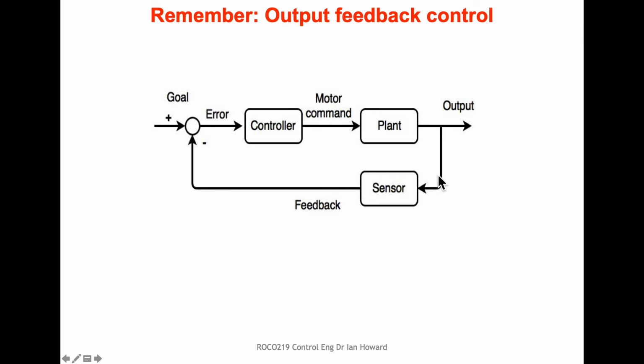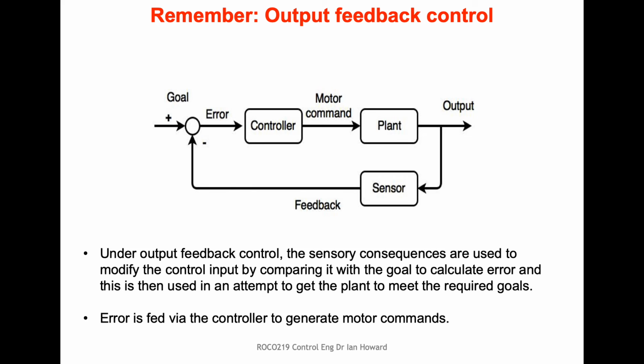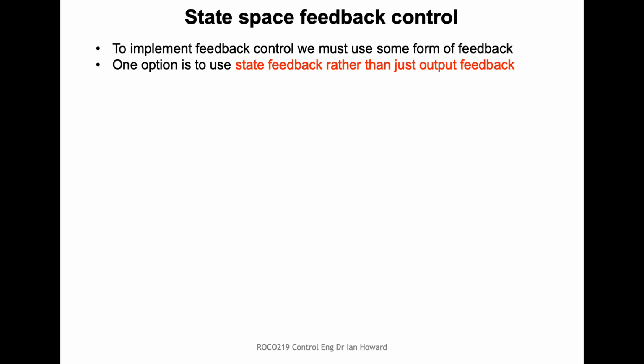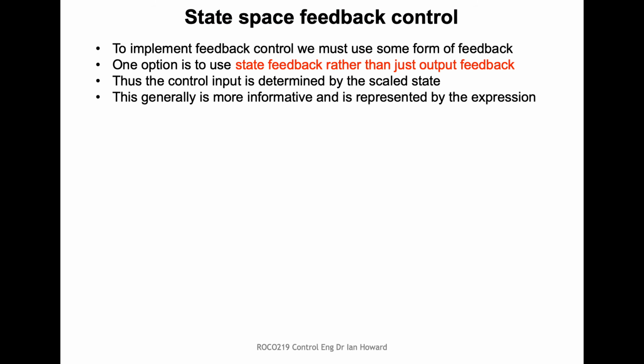We just look at the output, feed it back to the input and generate an error signal, and on the basis of that we can have this closed loop controller. But this is only looking at the output. It's not looking at the full state of the system. So full state feedback control means exactly that. We actually use the full state of the system, and we can capture the control element by saying the input is going to be a scaled version of the state.